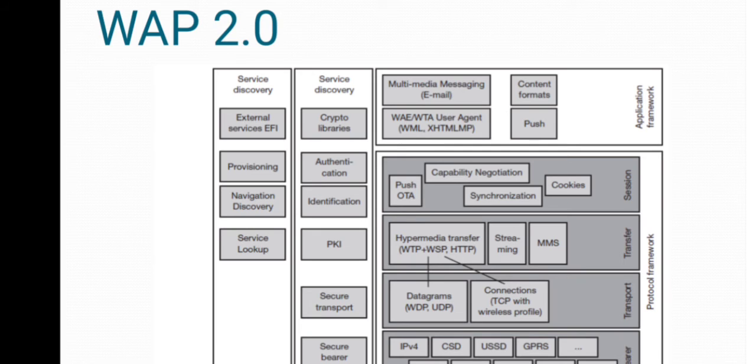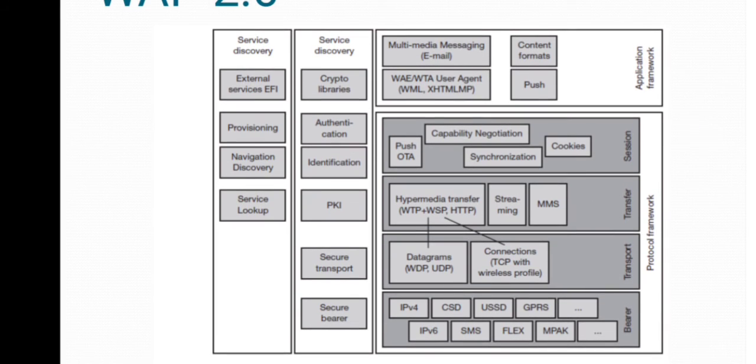The service lookup provides for the discovery of the parameters which is needed for a certain service with the help of a directory. The domain name, which is the DNS, is an example of mapping a name into an IP address.